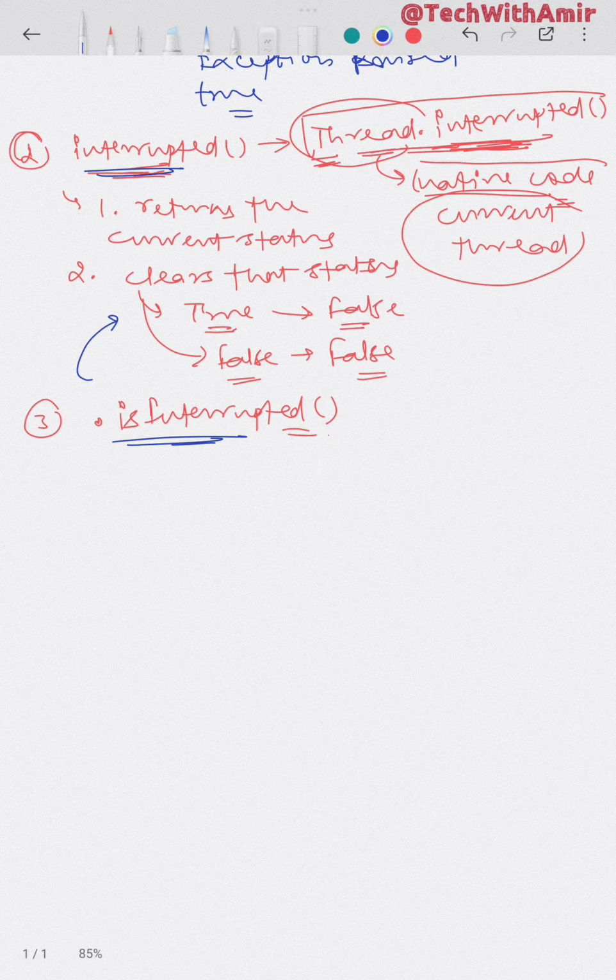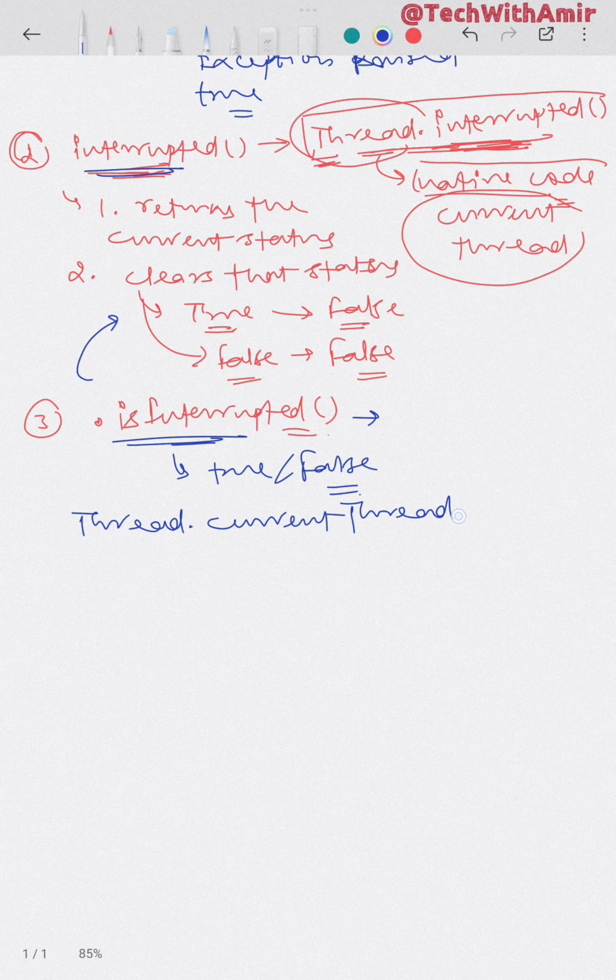The only difference is that it doesn't clear the status, it only tells you whether the thread was interrupted or not. It's an instance method, we call it like this, Thread.currentThread.